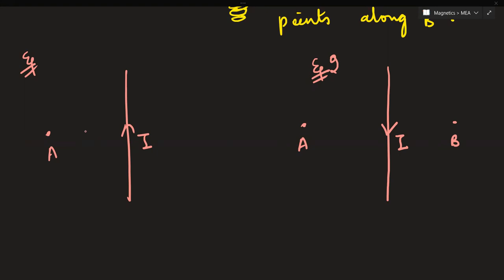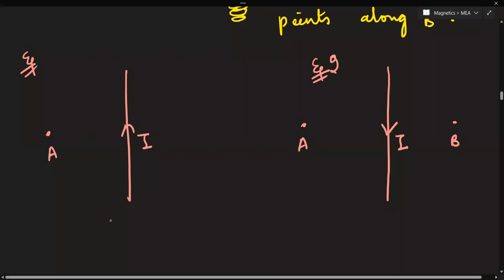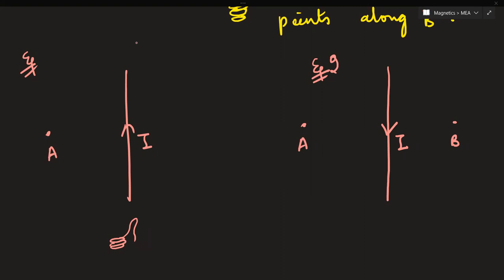Hania, Sneha, are you trying it simultaneously? Yes, ma'am. All right. Now see, at this point, when you place your thumb, this will be the direction of your thumb, and these will be the curvature of your fingers. Is it happening like this?